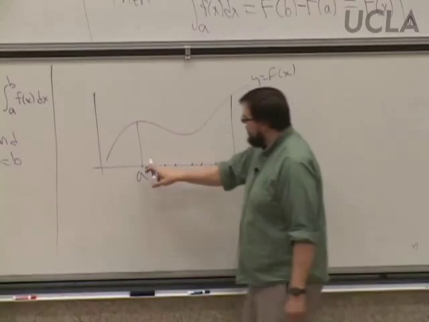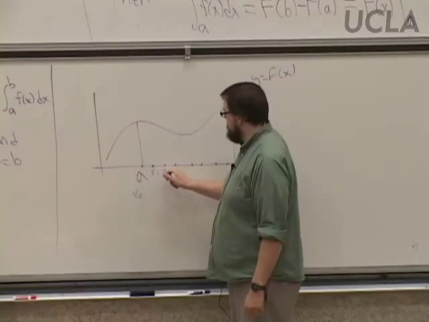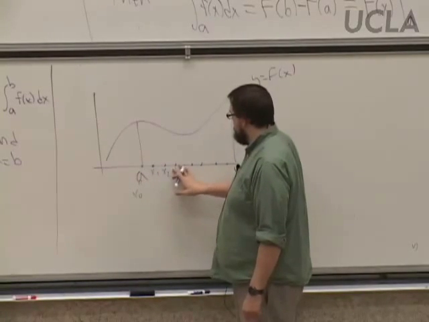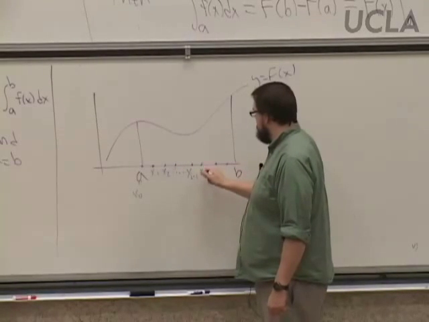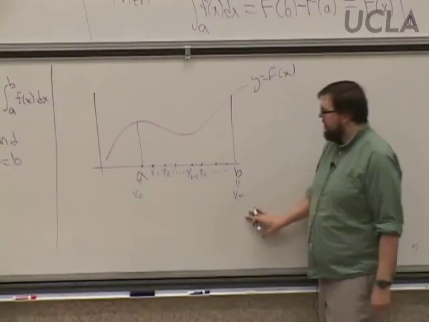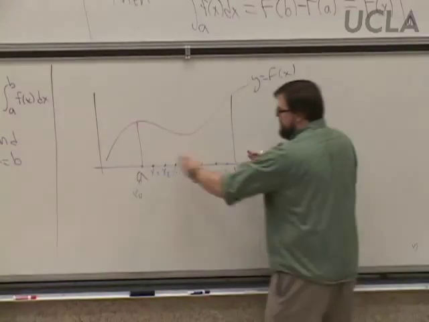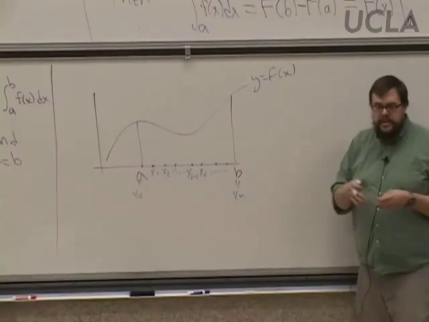And I'm going to label them. Now, a, I'm going to call this x0, then the next point x1, x2, and so forth. I'm going to get to what I call xi minus 1, xi. And at the very end, I get b, which is xn. So if you like, I basically broke up this interval from a to b into n little subintervals, or partitioned it into n pieces.